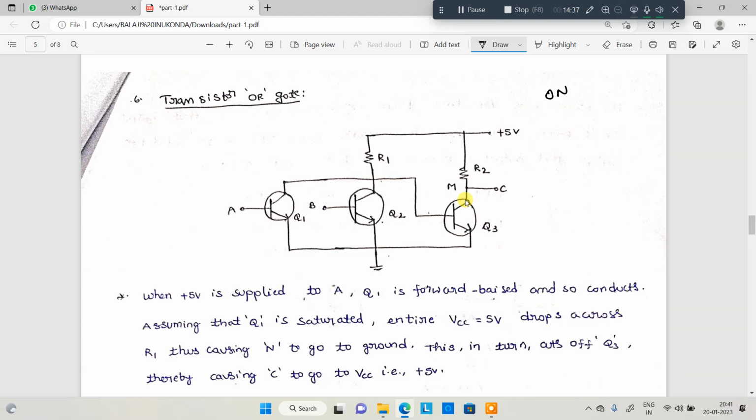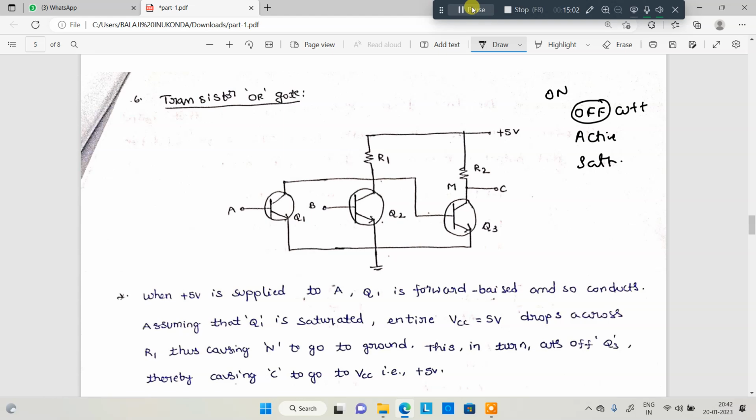The first one is the off state, which is nothing but the cutoff region. These 3 particular cases in Unit 3, we are going to discuss in detail, along with the transistor and diode concepts.